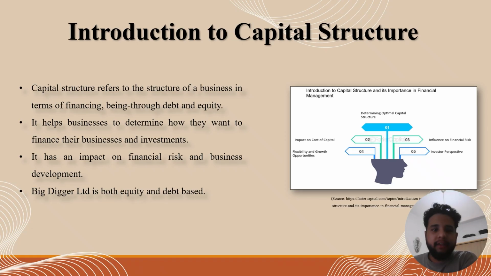Capital structure deals with the acquisition of money that a company receives in the form of loans or shares. It makes a difference in terms of cost and risk in financial planning. Big Digger Limited combines the two, as the majority of companies operating in the mining industry do.